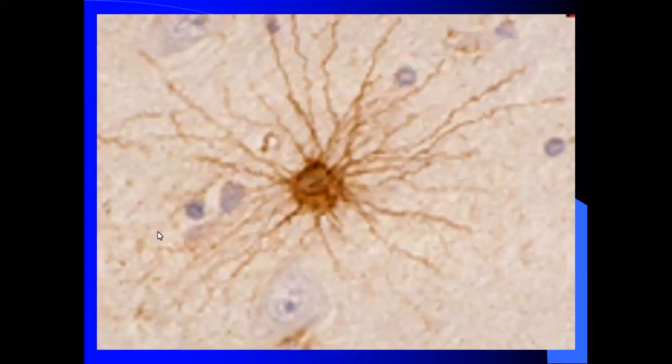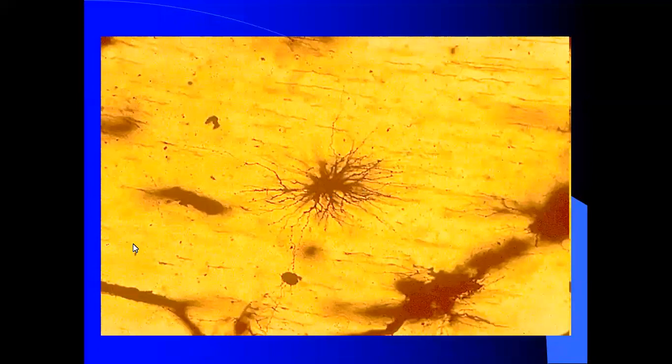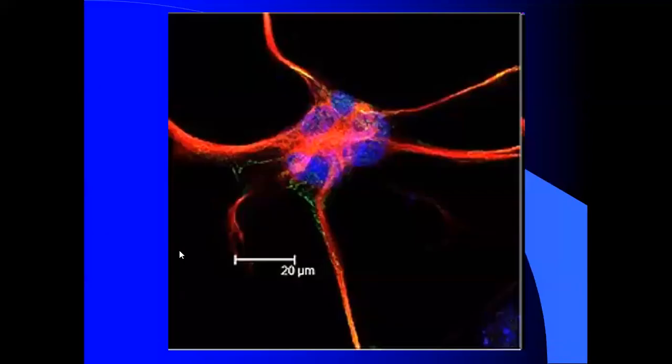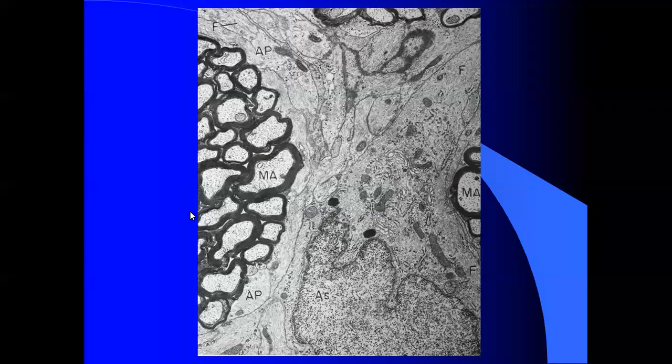Very pretty. There's another one, a silver stain, allowing you to see the whole astrocyte. And here's a multiple fluorescent labeling stain of an astrocyte. It's a fibrous astrocyte, with a fairly small number of processes heading away from the cell body.